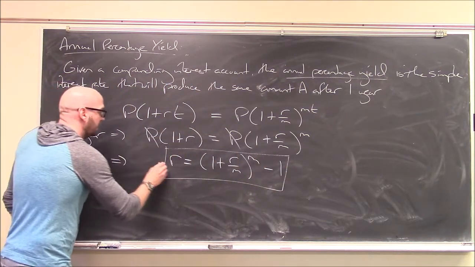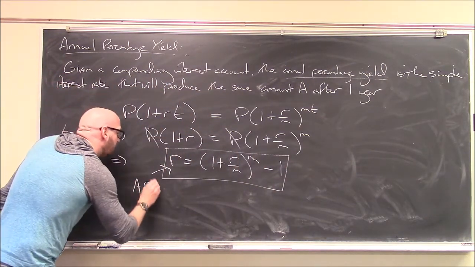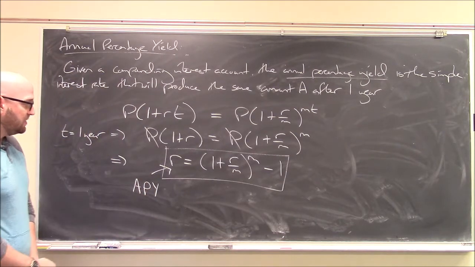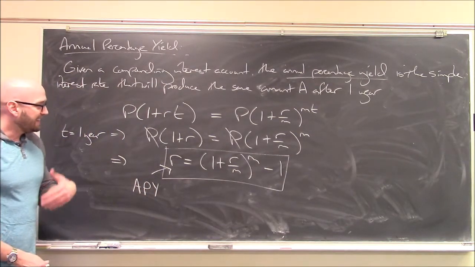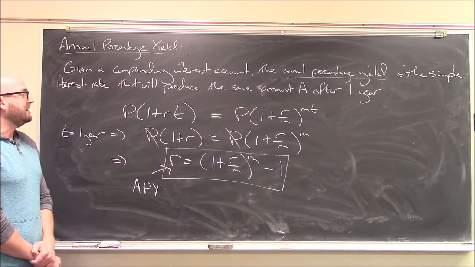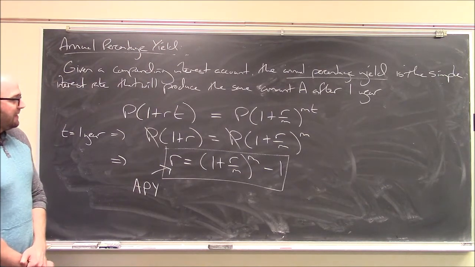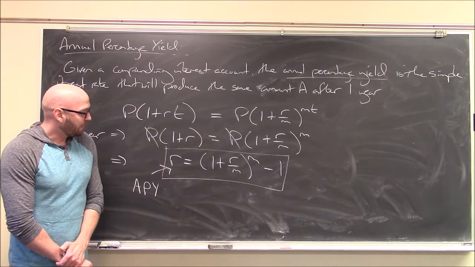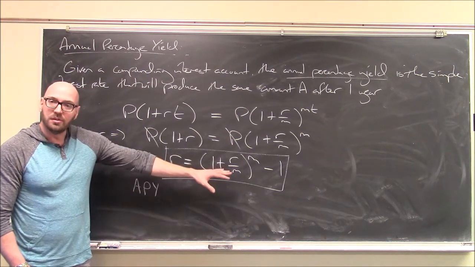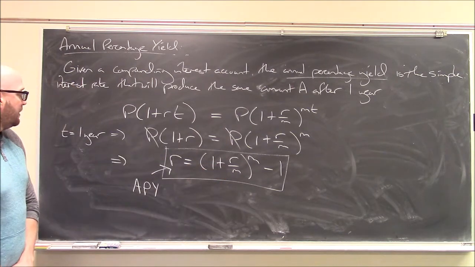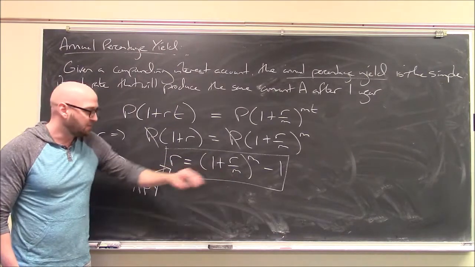And this R is what we call APY, the annual percentage yield. It's the annual simple interest rate that would lead to the same amount after 1 year as your compounding situation led to.